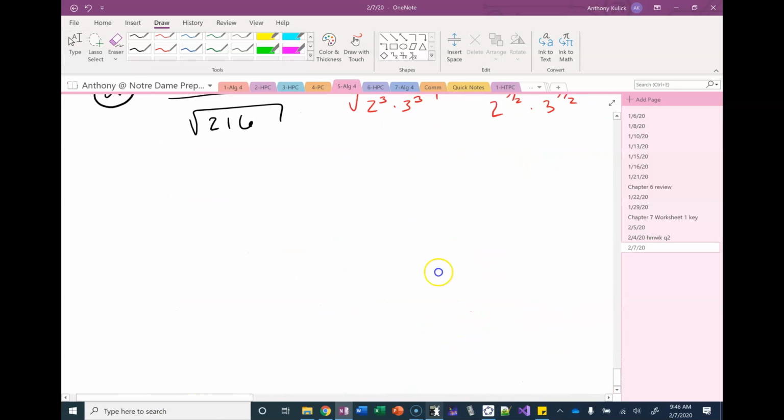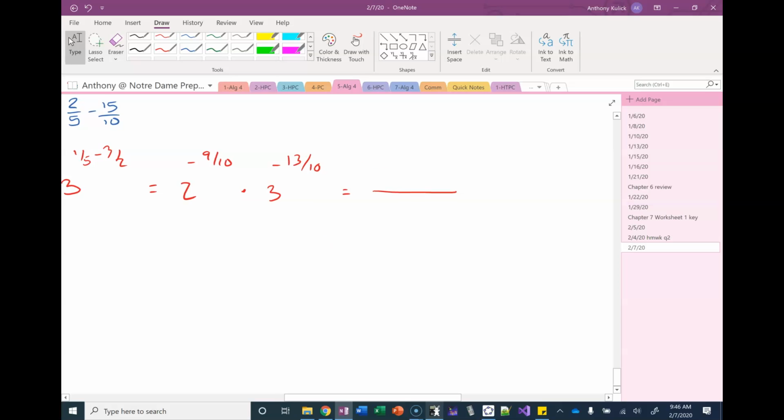So what's that going to look like for this one? I'm going to get 1 over 2 to the 9/10 times 3 to the 13/10. We okay there?